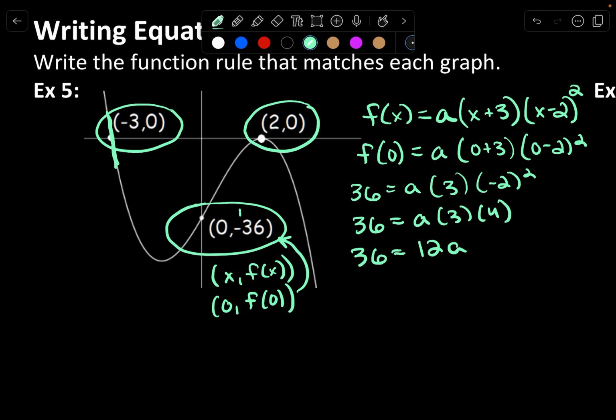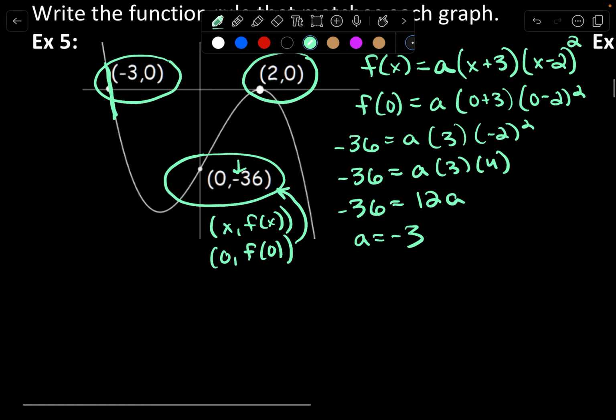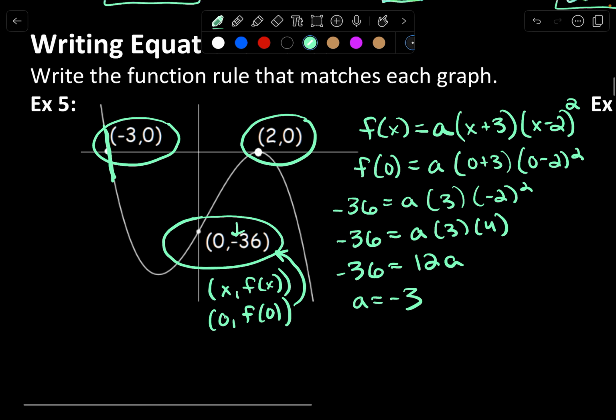Okay, so this is -36, so a is equal to -3. The reason I stopped is because I noticed that this was going to negative infinity, so my coefficient should have been negative, because the leading coefficient in this function should be negative if we were to multiply all the factors out.